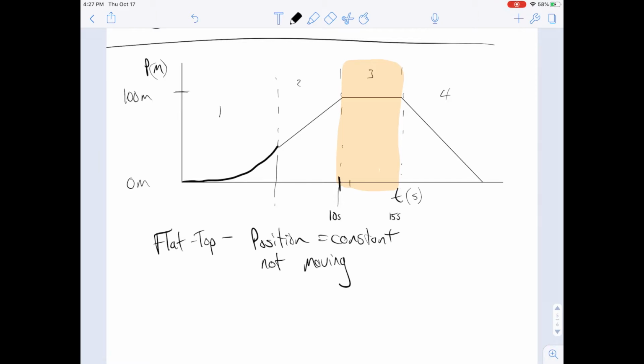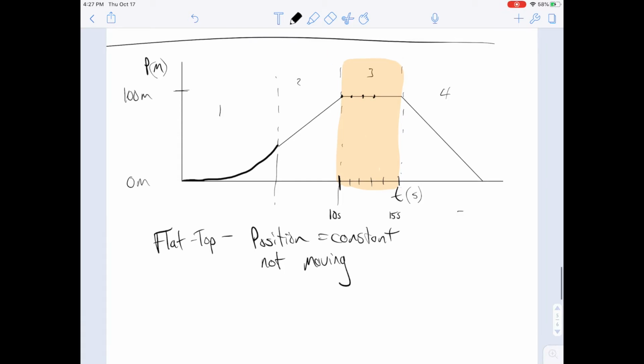This means at 11 and 12 and 13 and 14 and 15 seconds, their position was 100, 100, 100, 100. And if we were to draw a sort of T-chart of the time and the position, it would be rather boring. 10 seconds, 100 meters. 11 seconds, 100 meters. 12 seconds, 100 meters. Nothing's happening, nothing's changing, there's no velocity.